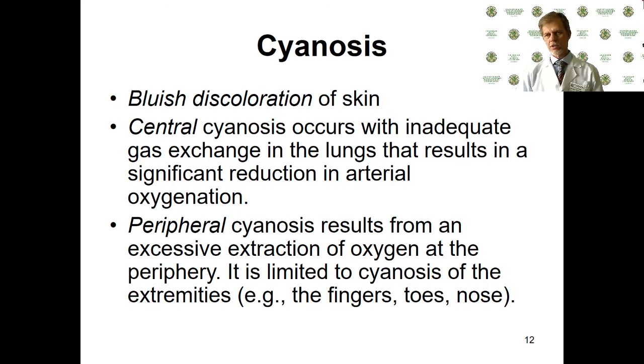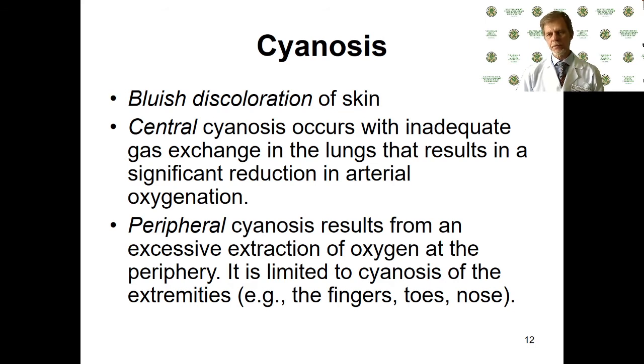Central cyanosis occurs with inadequate gas exchange in the lungs that results in a significant reduction in arterial oxygenation. So what does central cyanosis mean? Central means that all skin becomes bluish discolored.